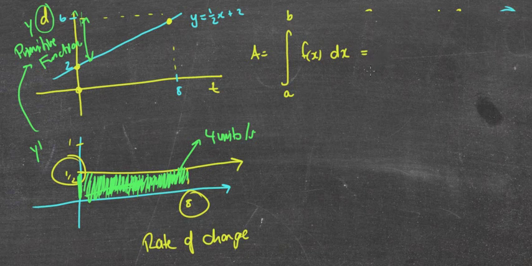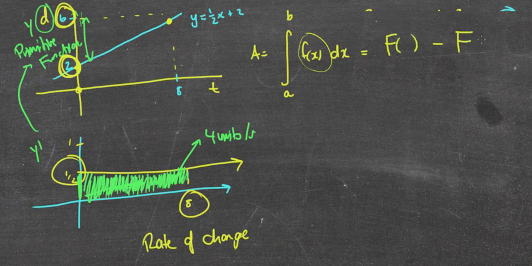We said if we can find the antiderivative, and let's say f of x is our function, we're going to call our primitive function capital F. If I can find out what these two values are here, then all I need to do is subtract those two values.